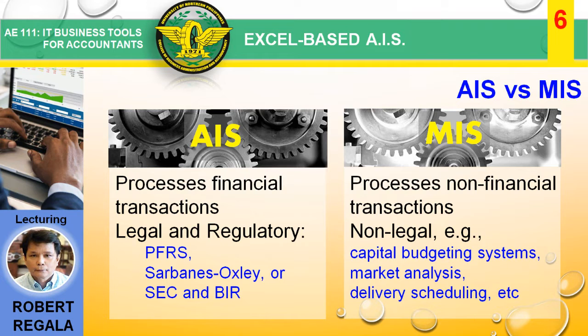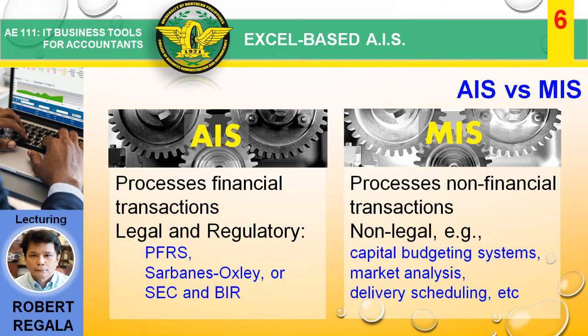Why is it important to distinguish between AIS and MIS? Because of the highly integrative nature of modern information systems, management and auditors need a conceptual view of the information system that distinguishes key processes and areas of risk and legal responsibility from the other non-legal binding aspects of the system.